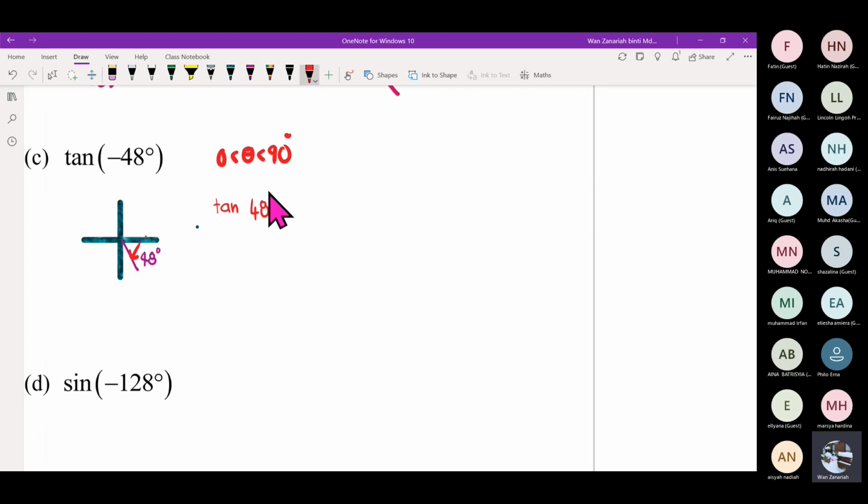So you continue, tangent 48. But tangent at the fourth quadrant, positive or negative? Negative. So you have to put negative tangent 48.